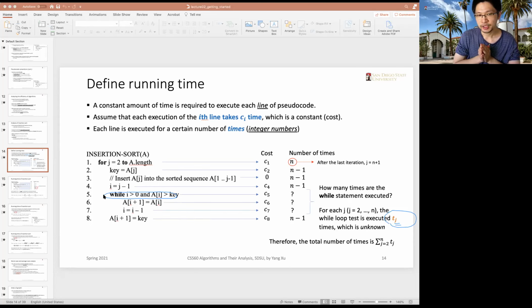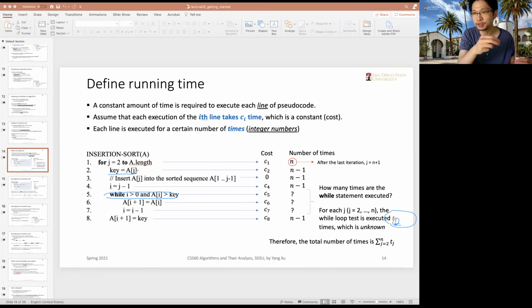In each iteration of the for loop, there is a different j value, and the comparisons that need to be made between the key and all the elements before the key are also different.